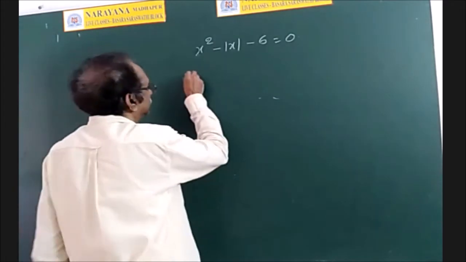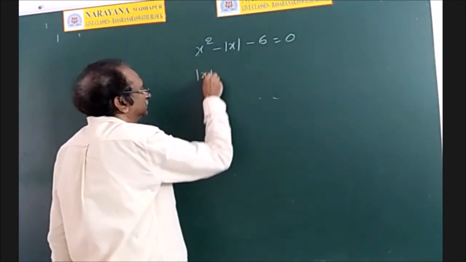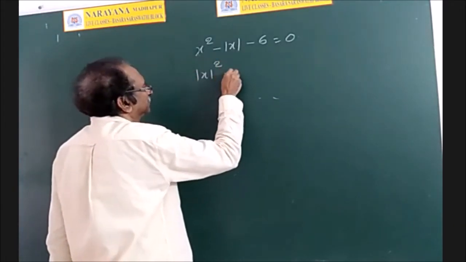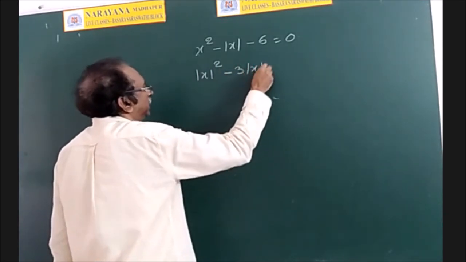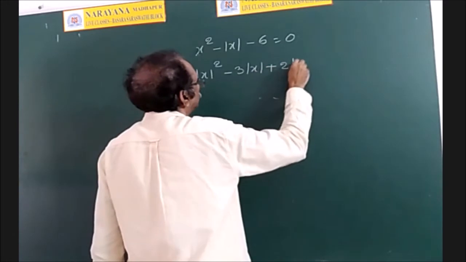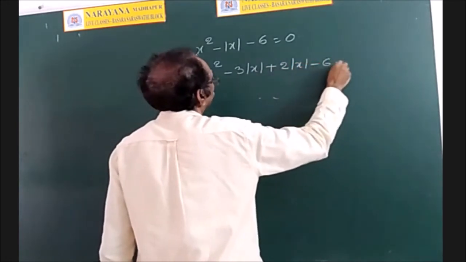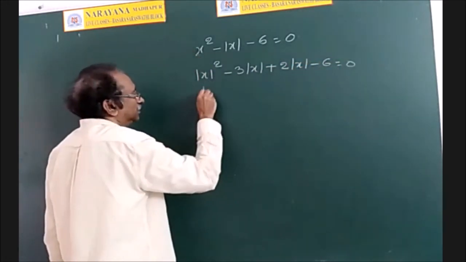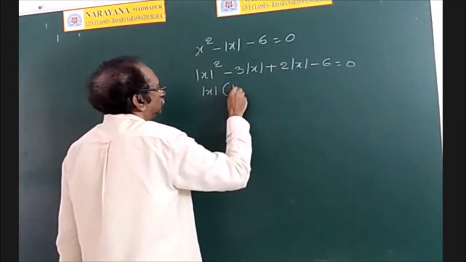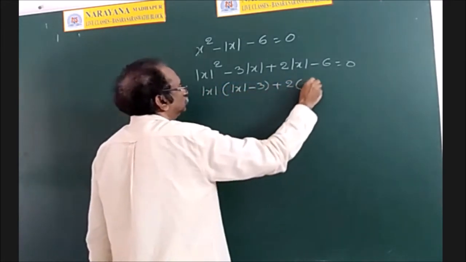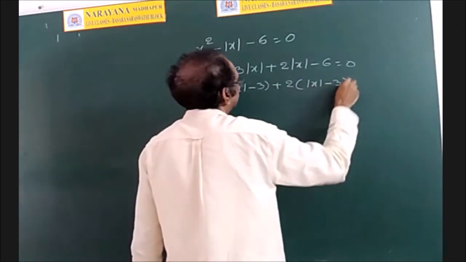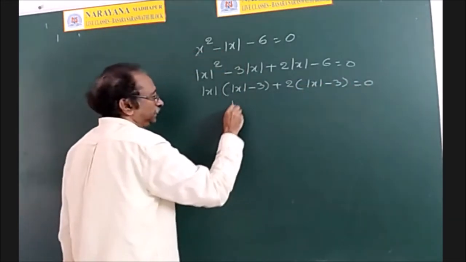And what are the factors? Of course, this can be written as mod x whole square minus 3 into mod x plus 2 into mod x minus 6. Here, mod x into mod x minus 3 plus 2 into mod x minus 3 is equal to 0.